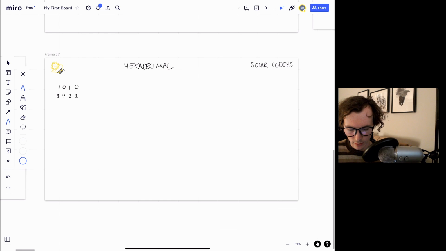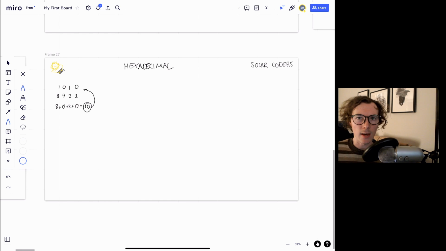So there are zero ones, there's one two, there's zero fours, and there's one eight, right? And if you add all of these together, it equals 10, and that's exactly what this number is in binary. So this binary number here is 10 in decimal, right? Not super difficult to understand.